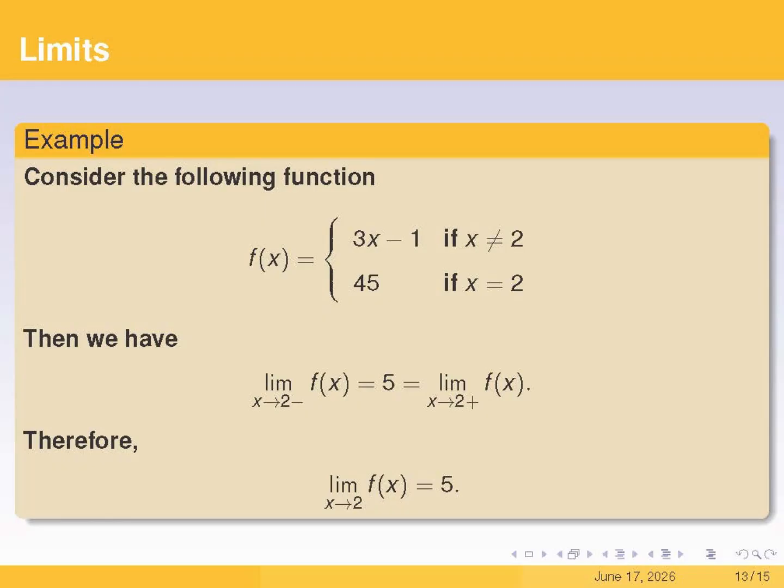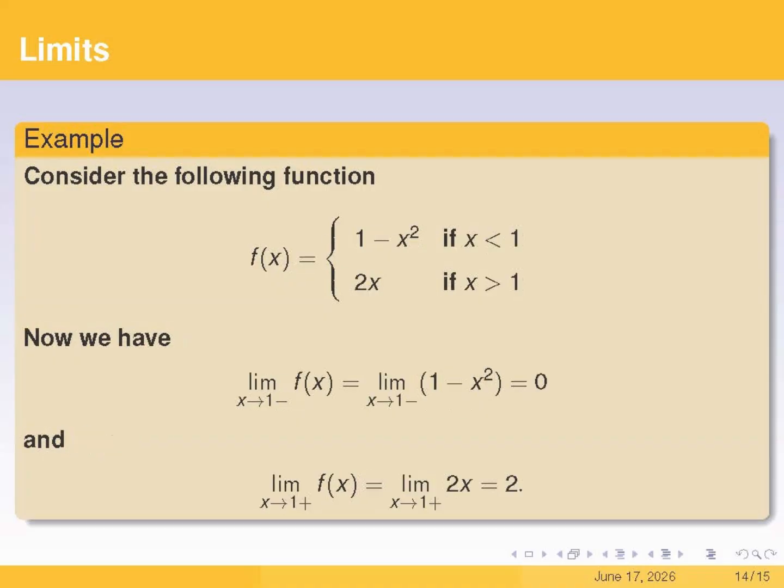So, to find the values of the left-hand and right-hand limits, we can simply substitute x equals 2 into the function 3x minus 1, which gives us a limit of 5. Since both the left-hand and right-hand limits are equal to 5, the theorem tells us that the limit of this function exists, and its value is 5.